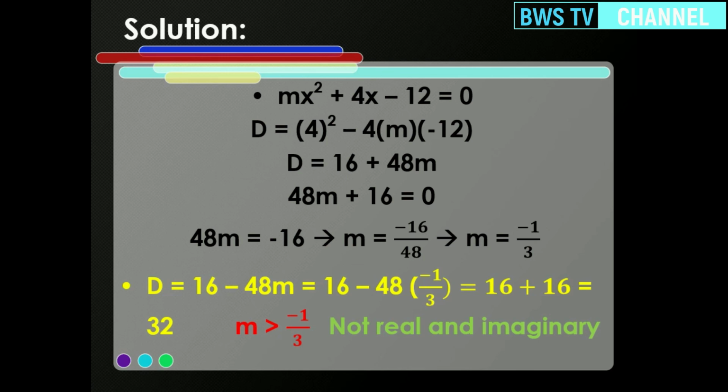So 16 minus 48 is equal to negative 32. So the answer is negative 32. Since it is negative, the description is not real and imaginary. So the value of our m must be greater than negative 1/3.